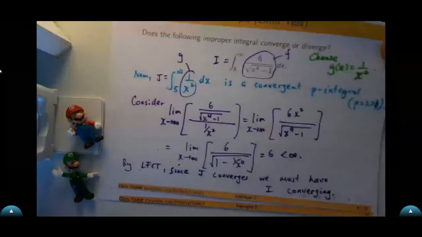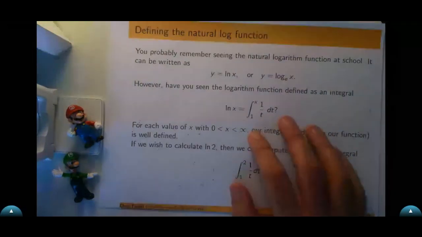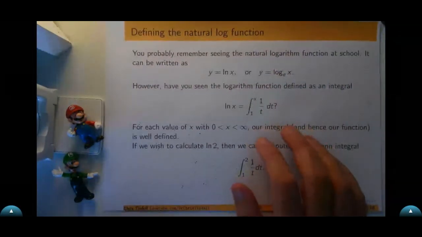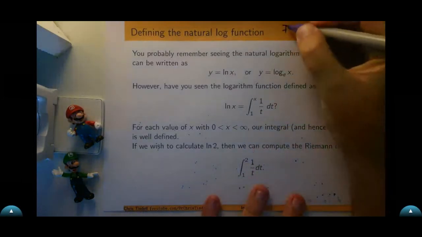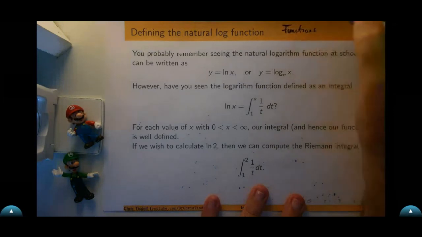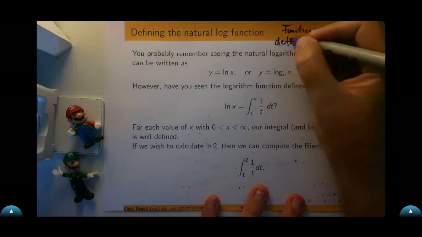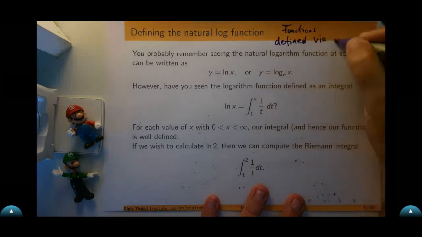All right, so goodbye, improper integrals. The final part of today's lecture is about functions defined via integrals.